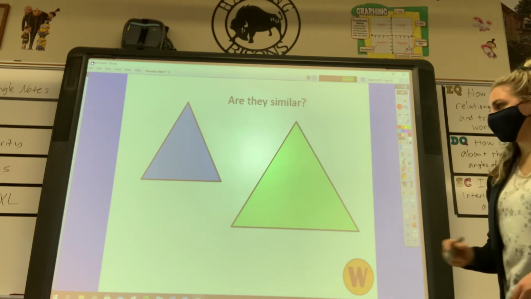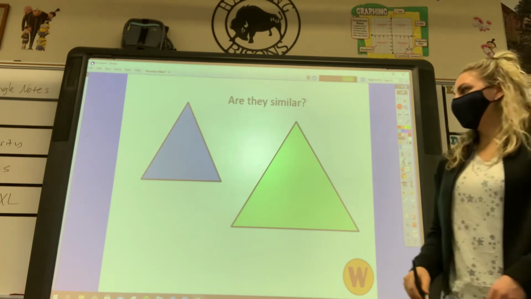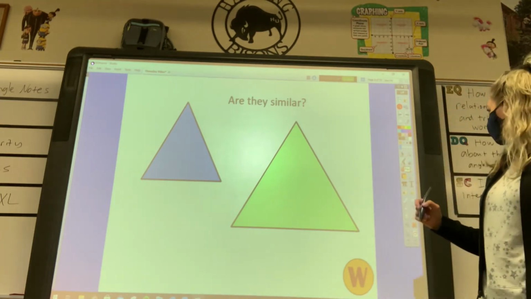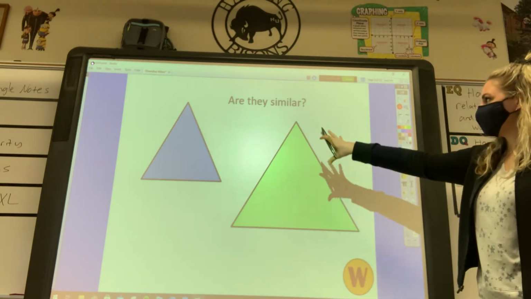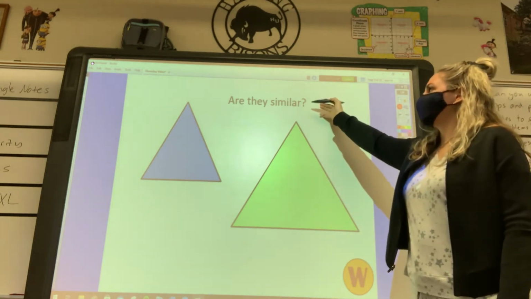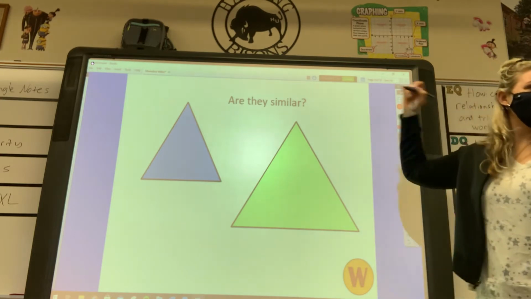So, as another practice here, if we were to fill in these two triangles, we're asking ourselves if they are similar or not.